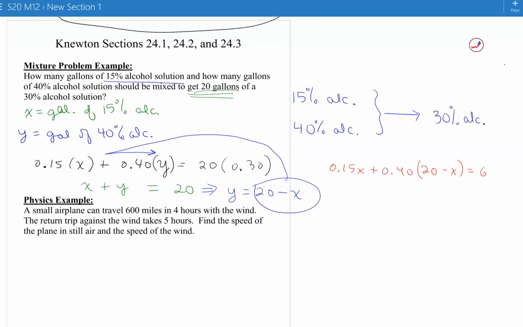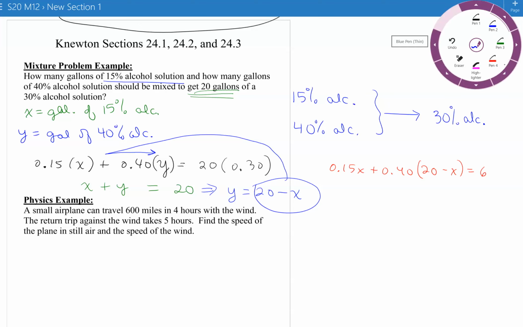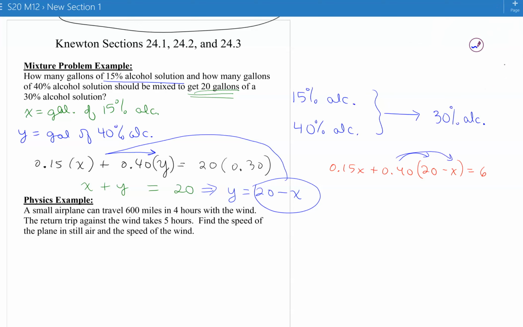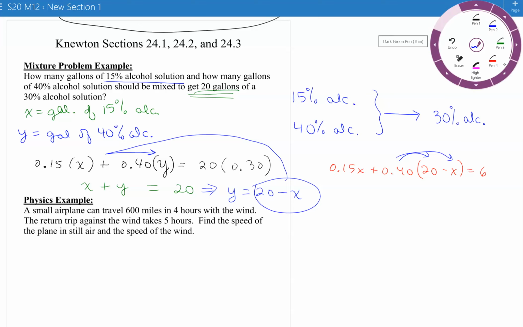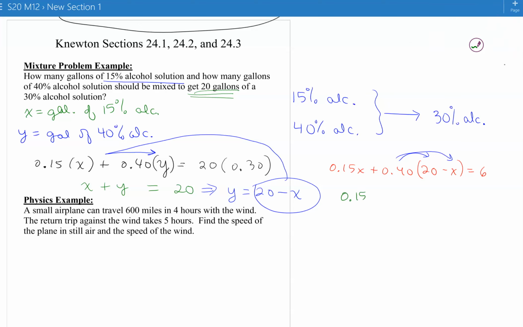And we want that to equal 6. And then I'm going to distribute here and solve for my x. So I'm going to have 0.15x plus 8 minus 0.4x equals 6. So it looks like 2 is going to equal 0.25x.